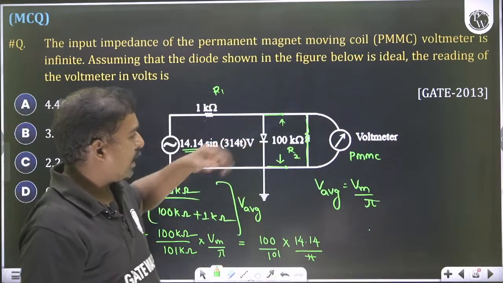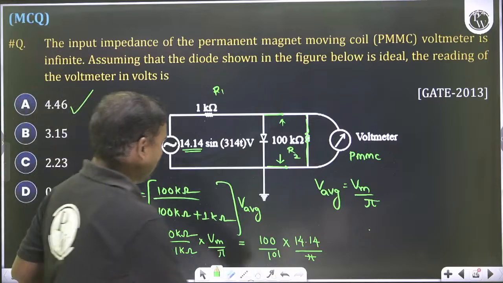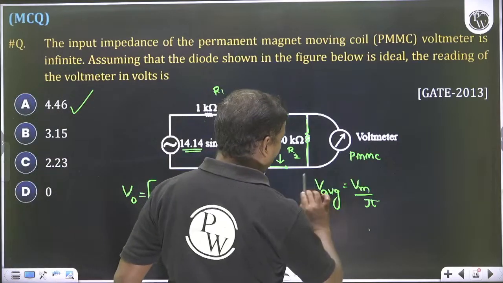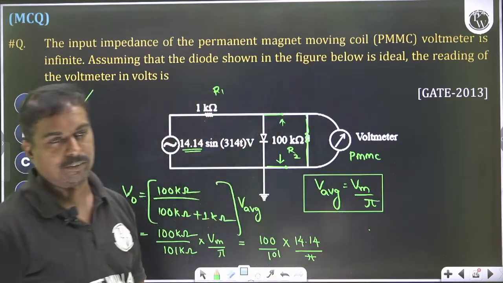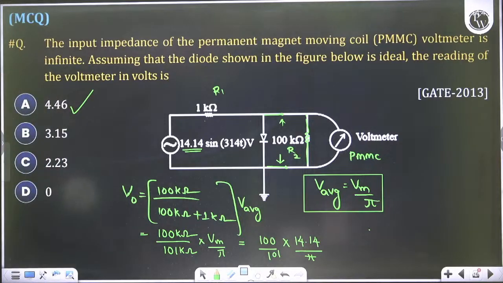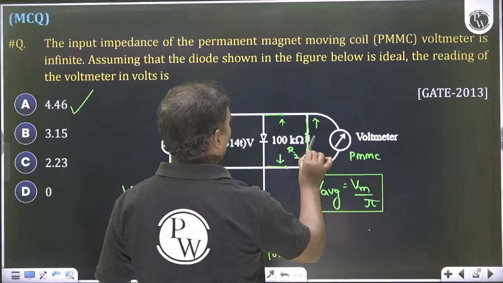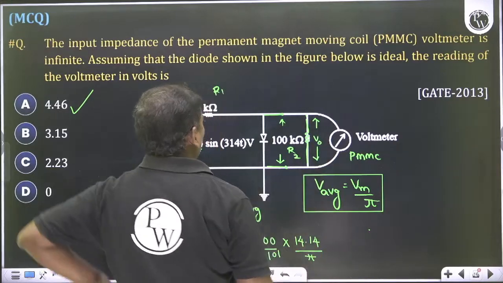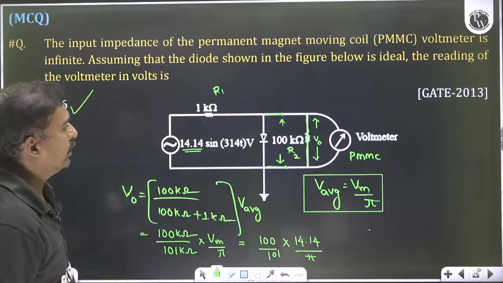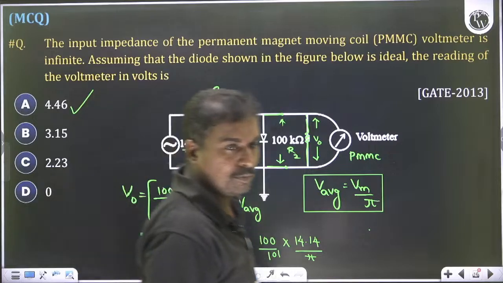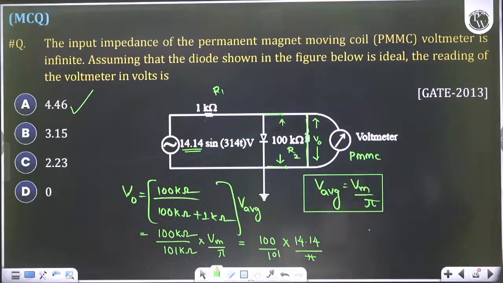The V average will be available, which is nothing but Vm by pi. So this voltage only we are going to measure. This voltage is V0. Is it clear? So the answer is 4.46.